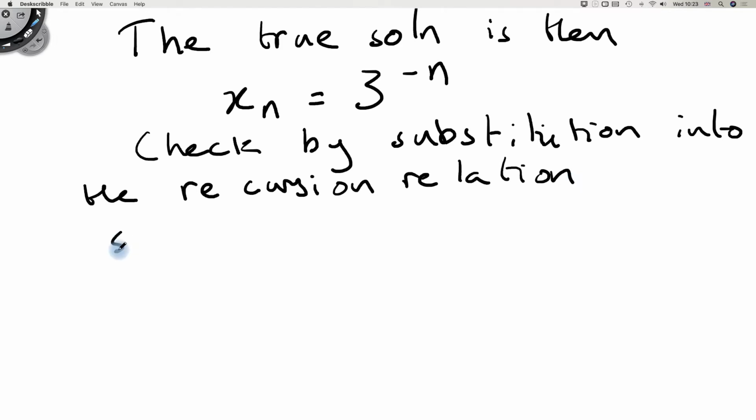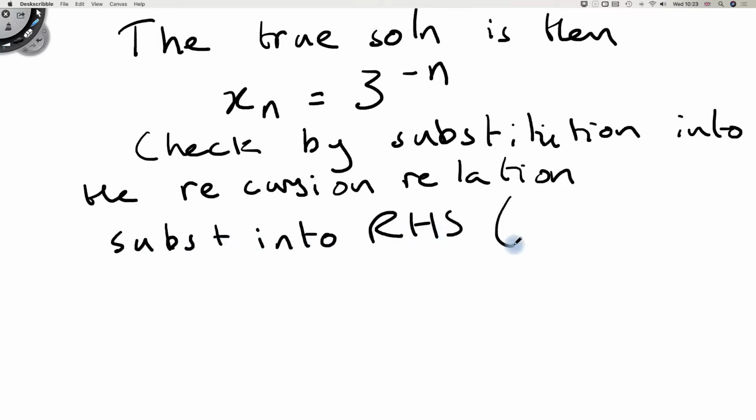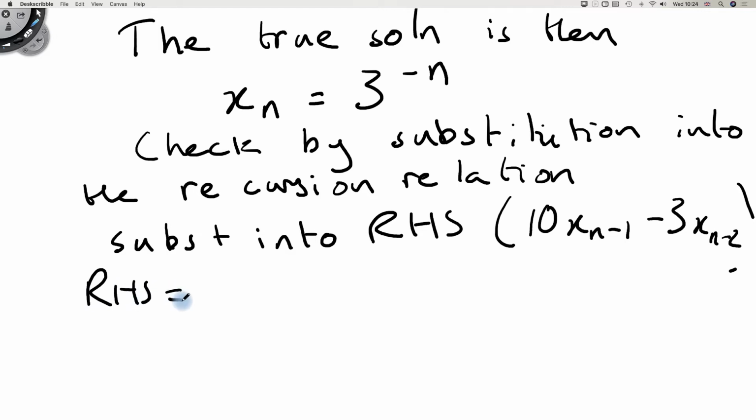So if we substitute into the right hand side, remember it was 10 xn minus 1 minus 3 xn minus 2. So the right hand side equals 10 times xn minus 1.